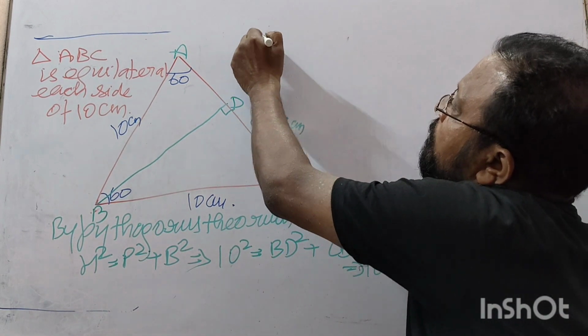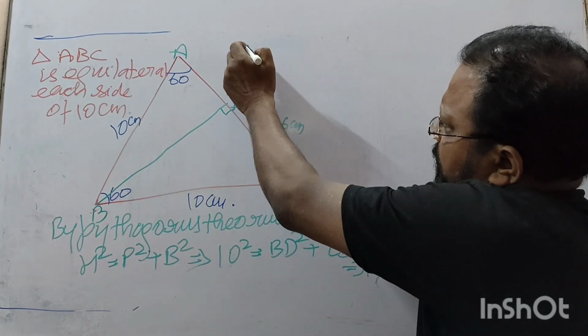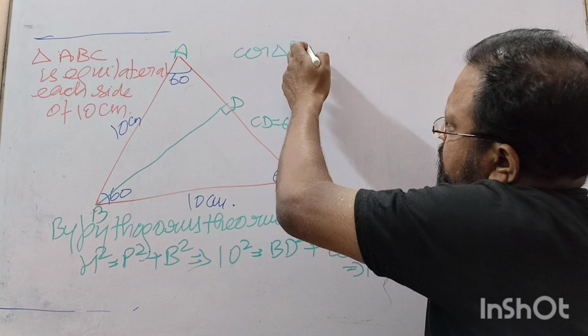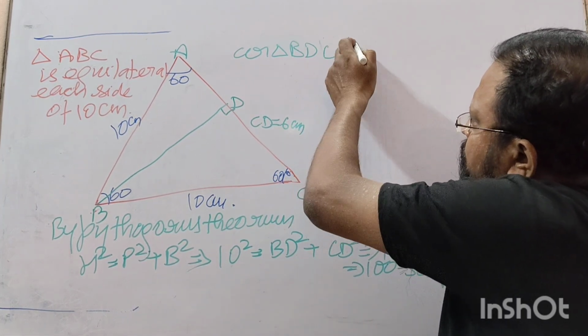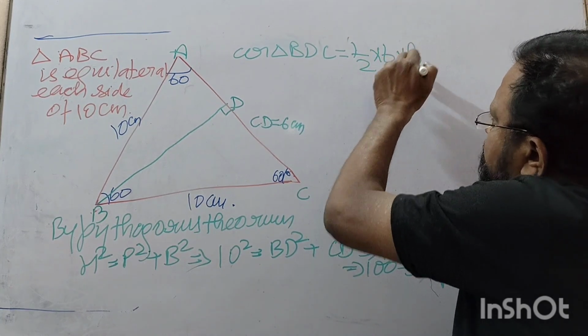So the area of triangle BDC is equal to 1 by 2 into base into height.